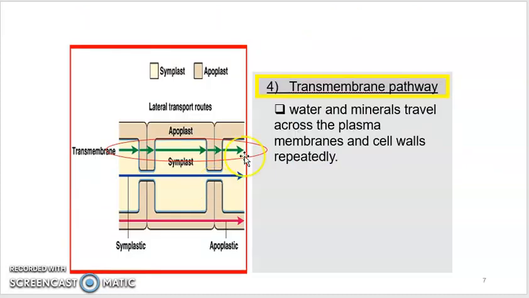And then the last one is the transmembrane pathway. The transmembrane pathway is where water and mineral travel across the plasma membrane and cell wall repeatedly. So it will go through the plasma membrane and also the cell wall repeatedly.